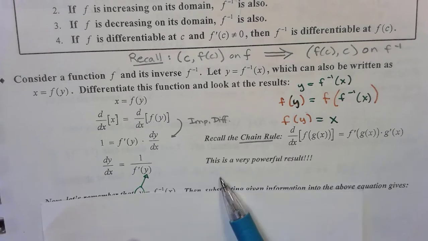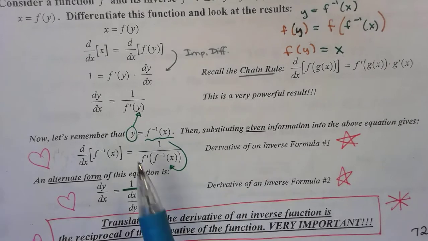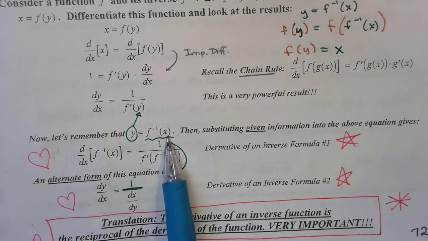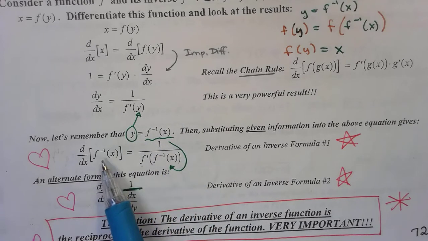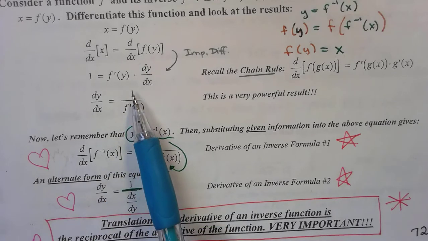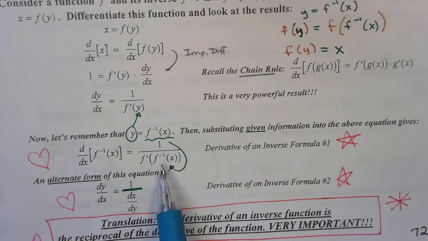Now this is a very powerful result. Let's think about what y is. y was f inverse of x. So when I talk about the derivative with respect to x of f inverse, I'm saying that if I wanted to take the derivative, it is 1 over f prime of f inverse of x.